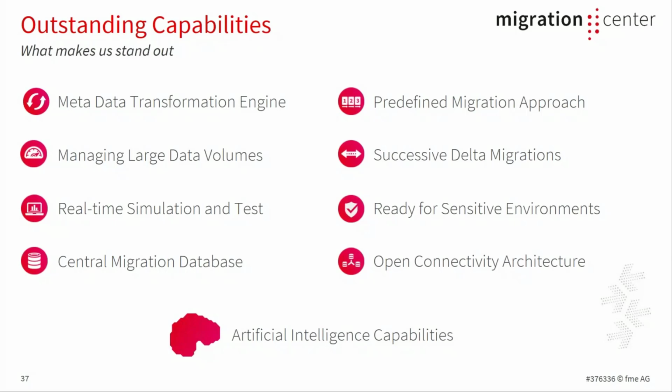And one pretty new piece, which was released by end of last year, is our artificial intelligence classification capabilities. We built a module which helps customers, for example, to classify documents from a file share and use this new metadata to create meaningful metadata within the Box environment.